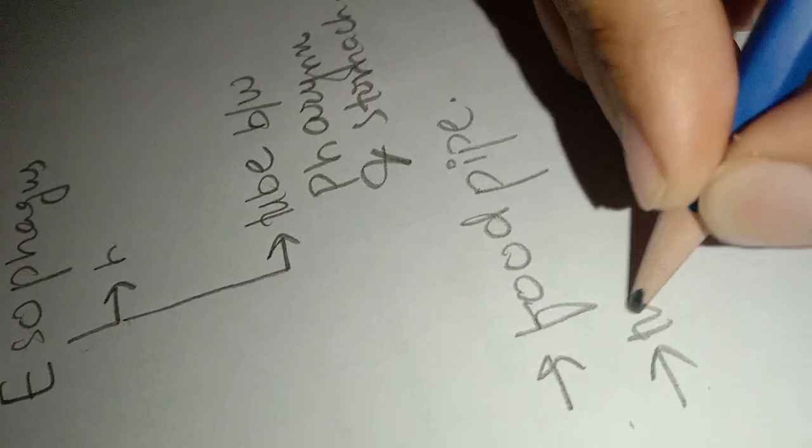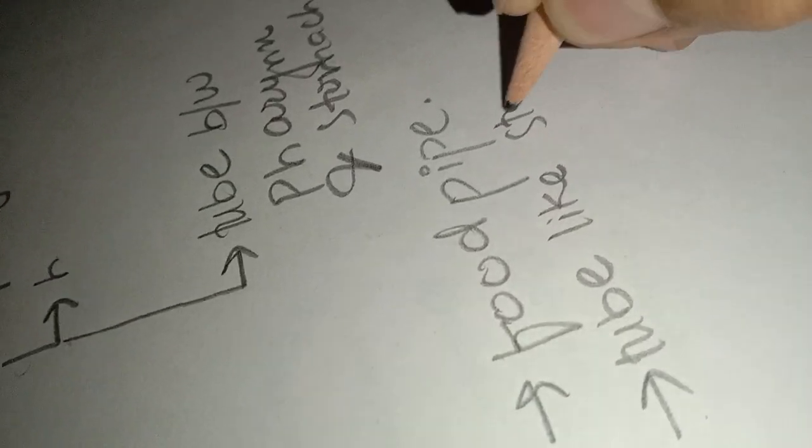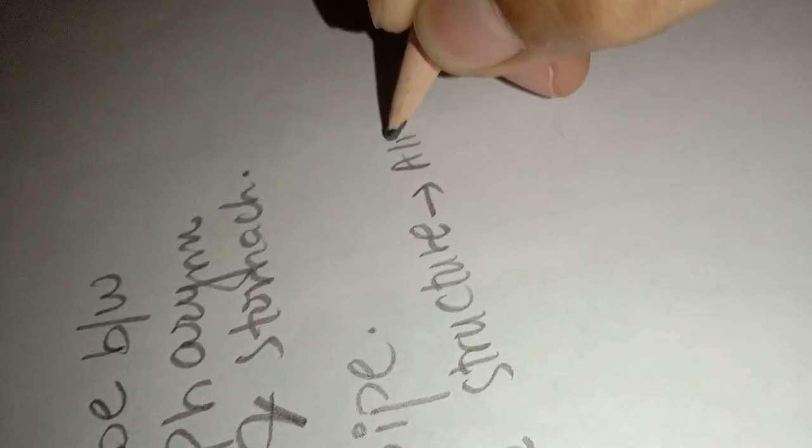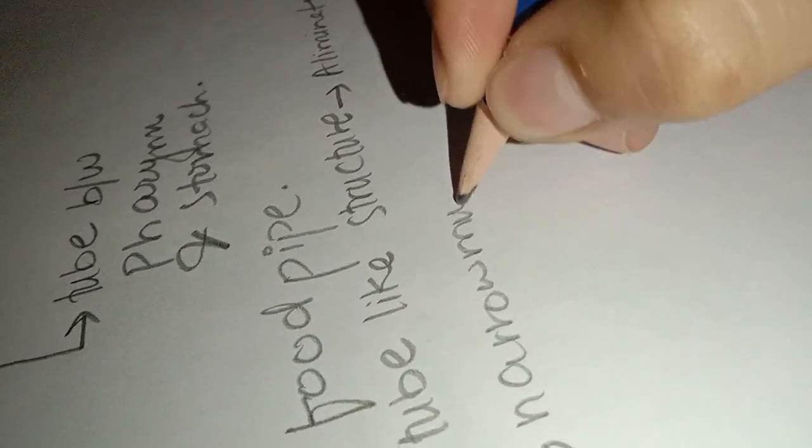It is a tube-like structure present in the alimentary canal. It is a narrow muscular tube.